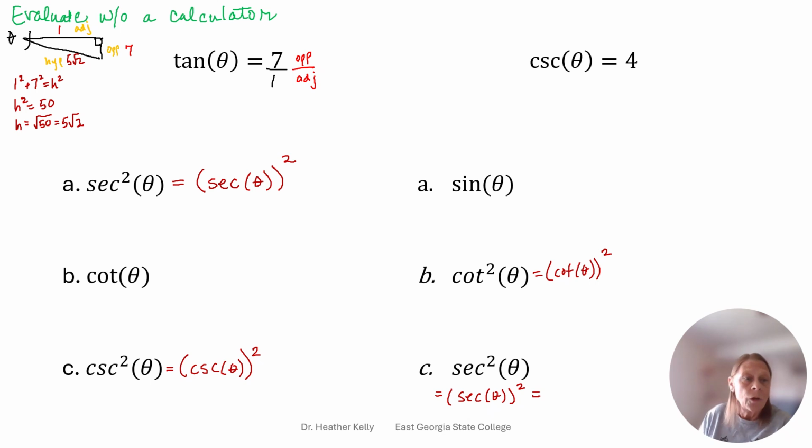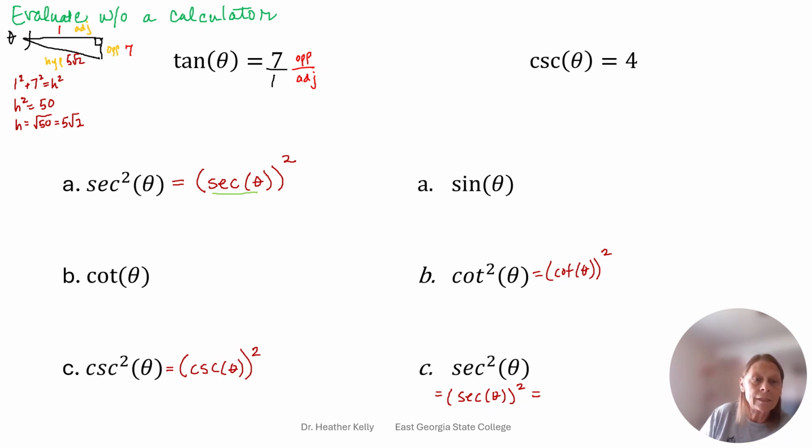So this first one, A, asks us to find secant squared of theta. So we need to find secant of theta. Secant is the reciprocal of cosine, and so secant is adjacent over hypotenuse.